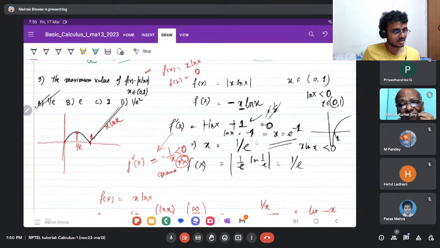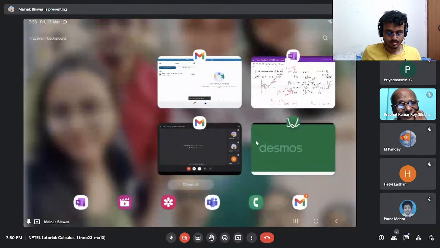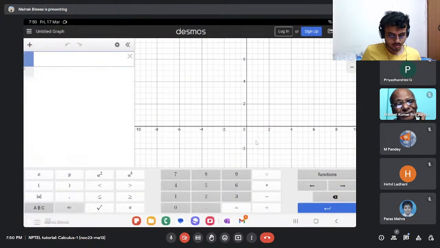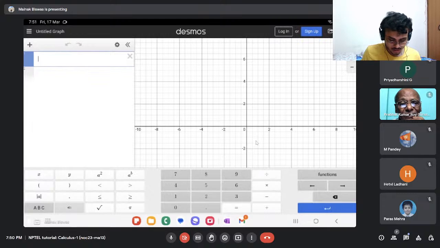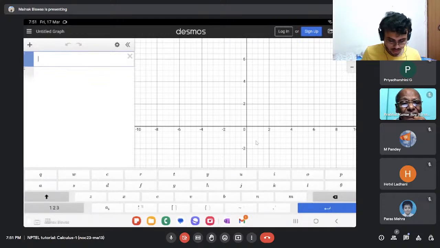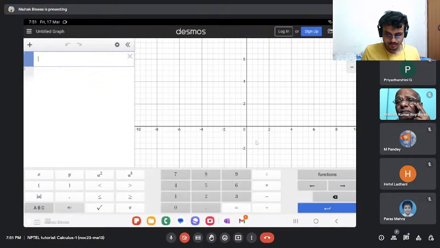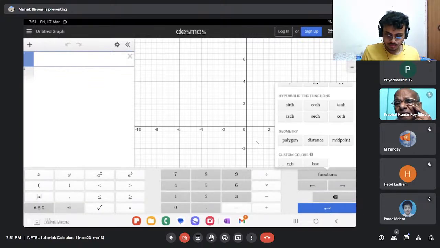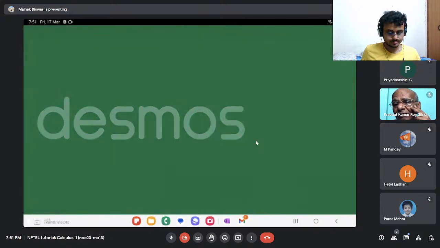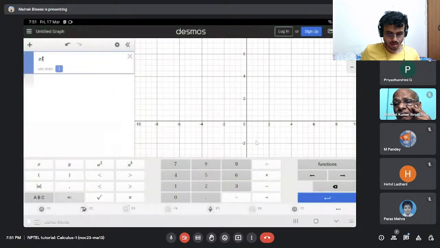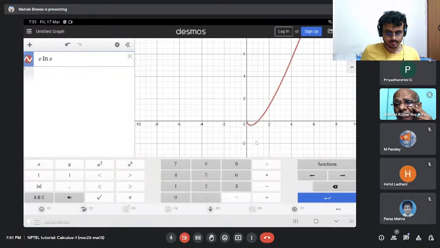Let's see if it is correct. So we will put, where is the modular sign? x log x. Matching?